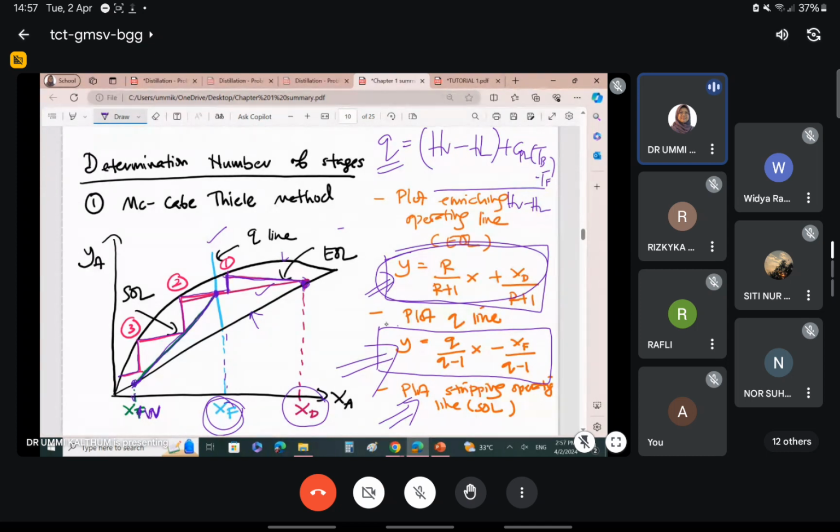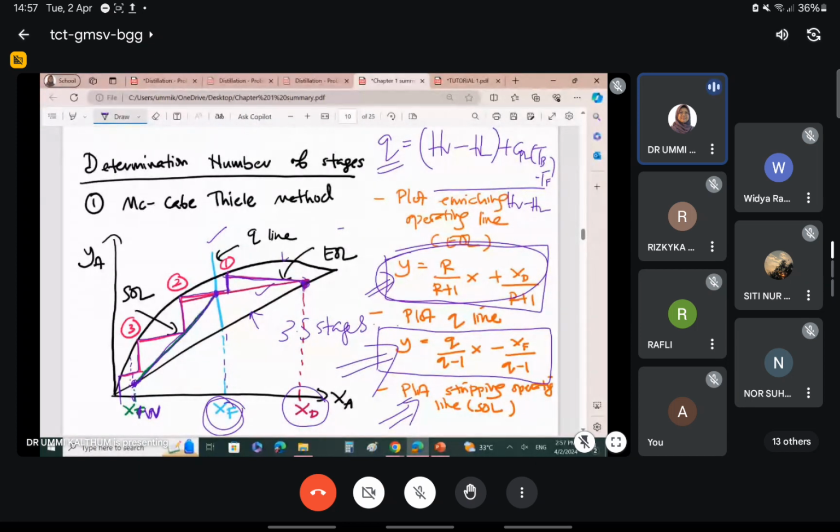Mesti lebih XW. Kalau tengok diagram ni ada 3 stage. So XW potong kat mana? Lebih kurang 3.5 stages, including the reboiler.